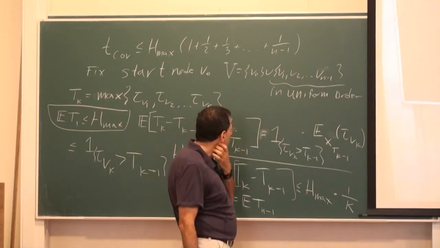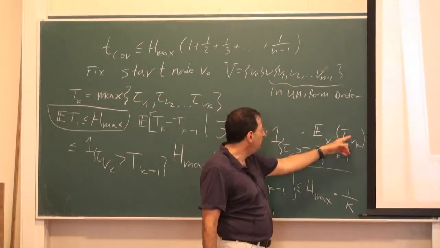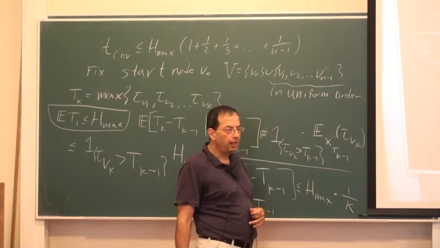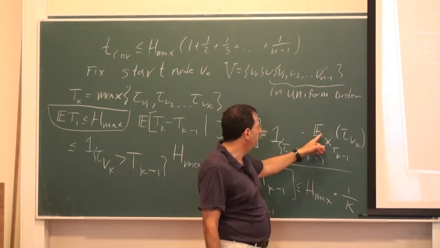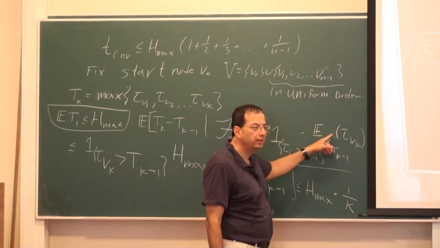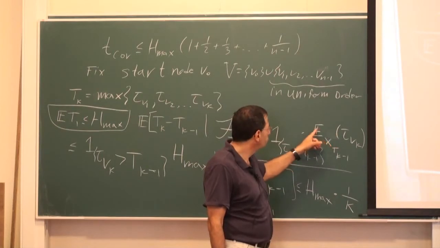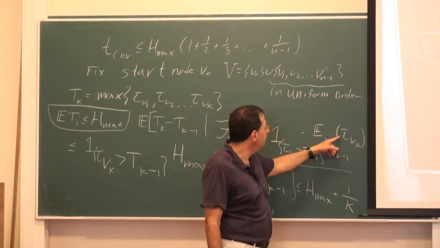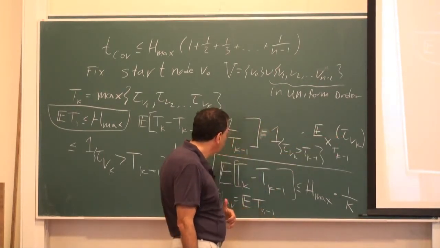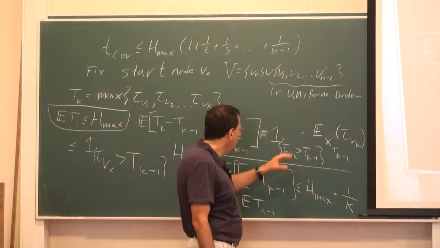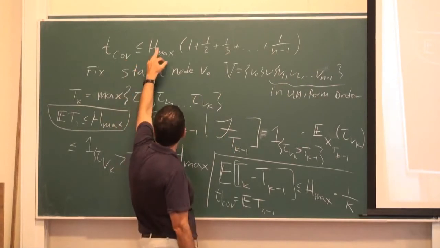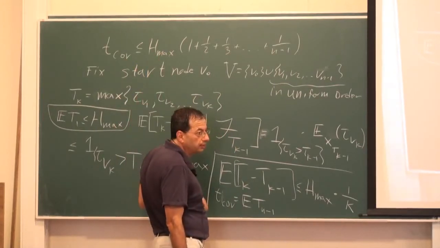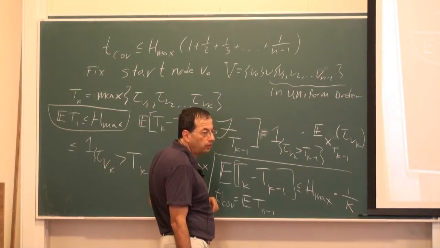So what you could do is also get a lower bound by saying, well, this expectation is at least the minimal hitting time. Okay? This expectation is at least the minimal hitting time. And so you can get a similar lower bound for T cov, replacing H max by H min. Okay, so you'd get a lower bound.